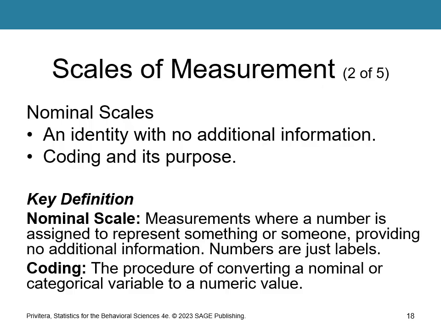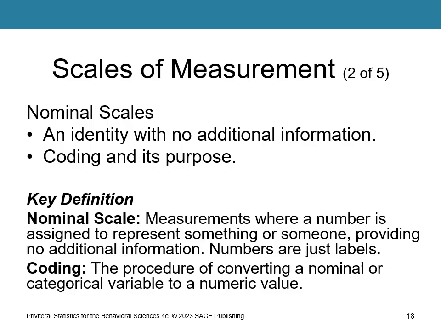In research, we often use nominal scales to categorize participants. Gender, race, marital status, and college majors are all nominal variables. We might code them as numbers for statistical software. Men equals 1, women equals 2. But those numbers are arbitrary labels.